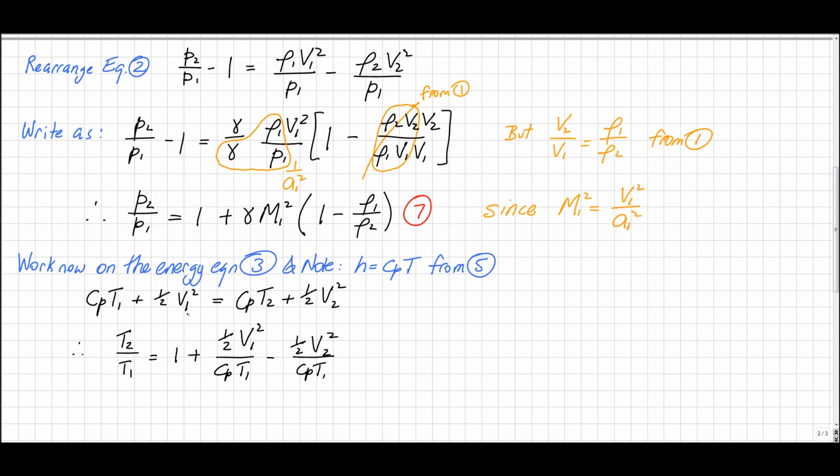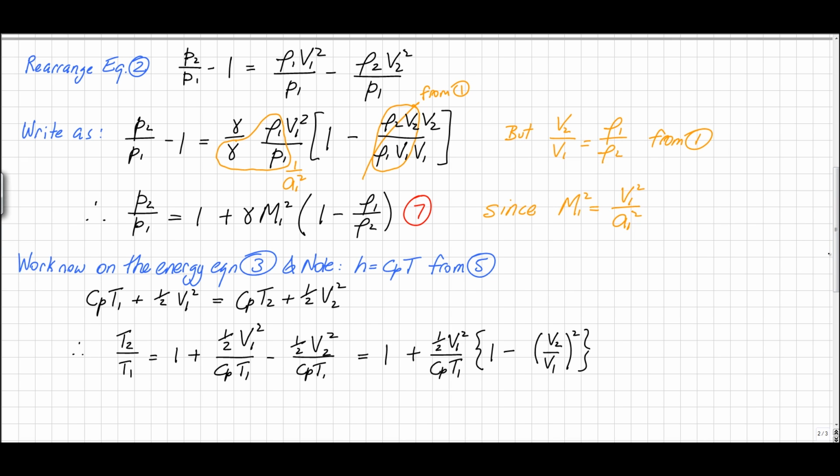Let's take a half V1 squared over CpT1 out of this, and we get a V2 over V1 squared coming out.